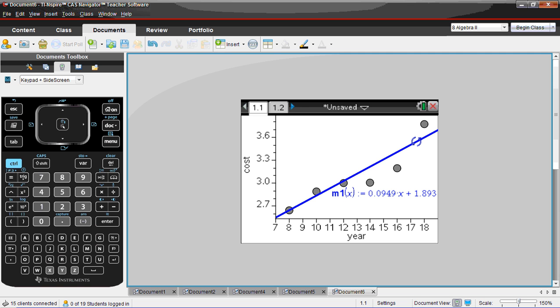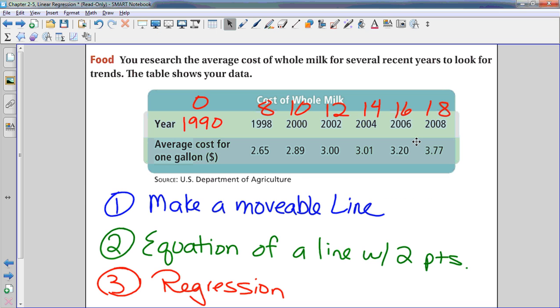Now, you're also going to have to do step 2. Give the equation of the line given 2 points. So I'm going to go back over to my notes page, and I'm going to look at my points here. I have 8, 265, 10, 289, 12, 3, 14, 301, 16, 320, and 18, 377.